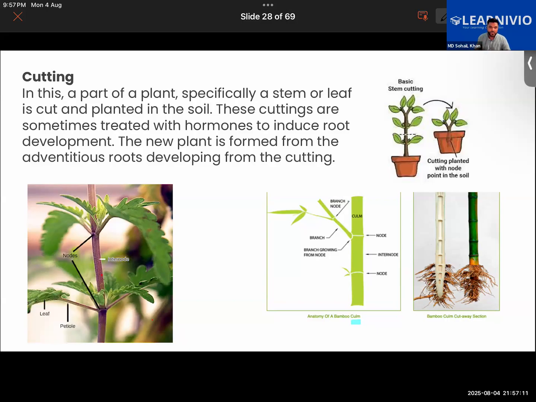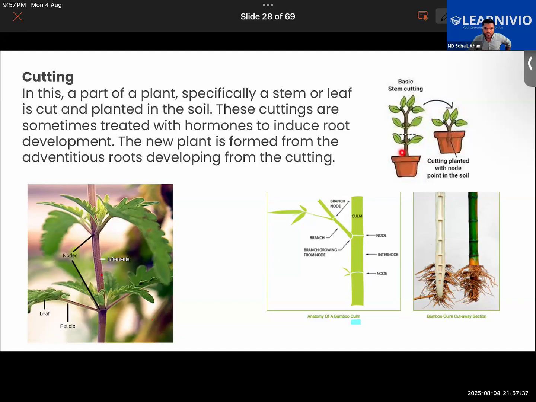We can either put it directly in the soil, or we can treat it with some hormones. Hormones are chemical substances that we put on the cut part of the stem, that will trigger the growth of roots, that will help in the development of the root from that cut portion. Getting it, everyone?